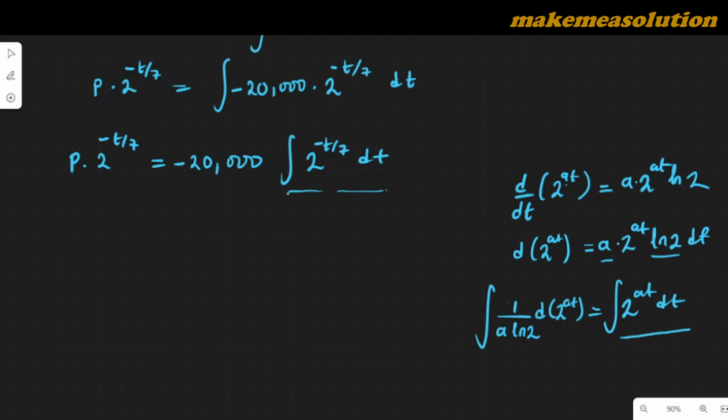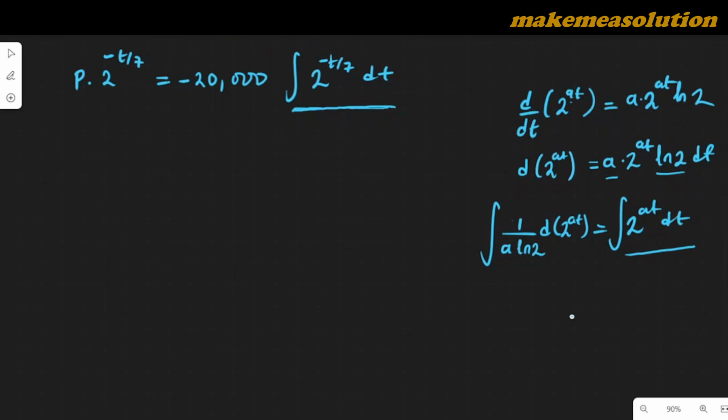this is actually our challenge. Now we want to integrate this particular side. So let's see what we're going to get when we integrate this left hand side. Remember the whole of 1 over a ln 2 is a constant, so you just bring it out. a ln 2 integral of d of 2 to the power of at is equal to integral of 2 to the power of at dt.